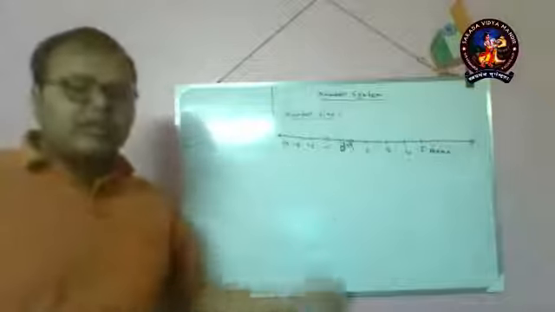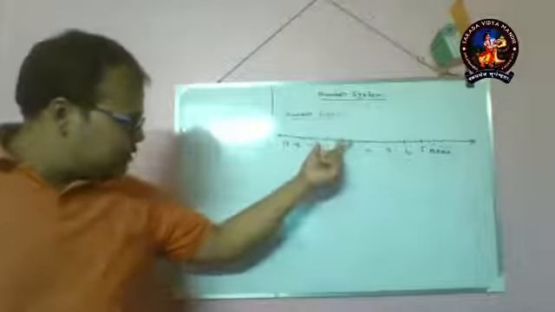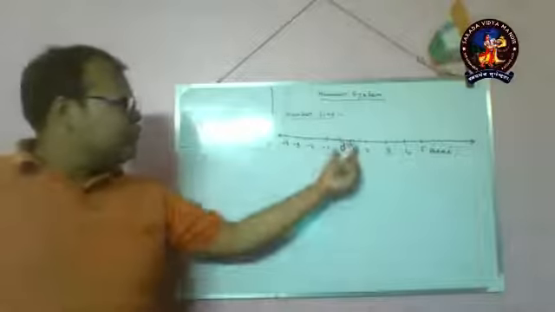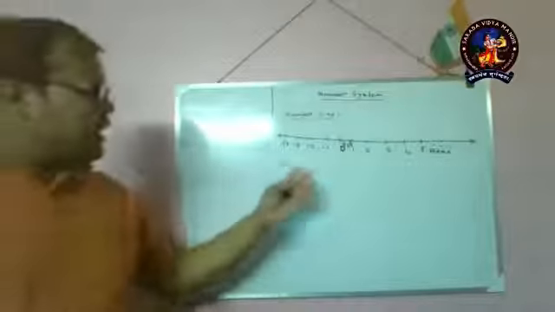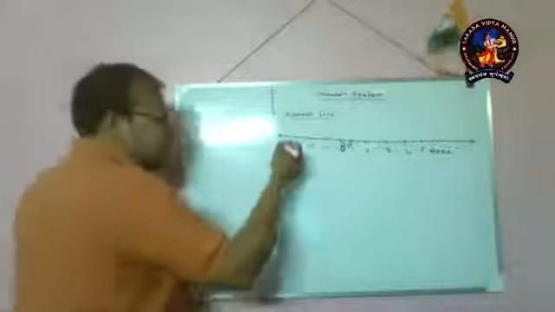As you know, all the proper fractions lie between 0 and 1, and 1 and greater than that there are the fractions which are improper. So the fractions are there between two consecutive integers.